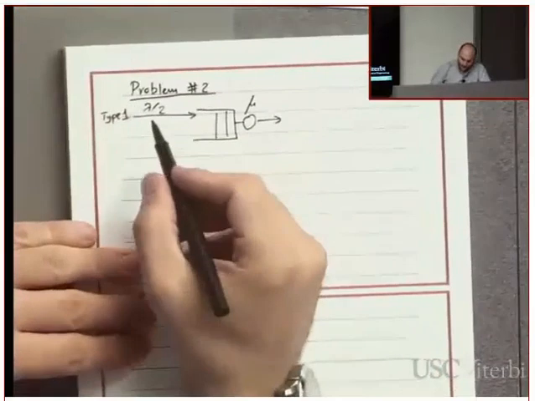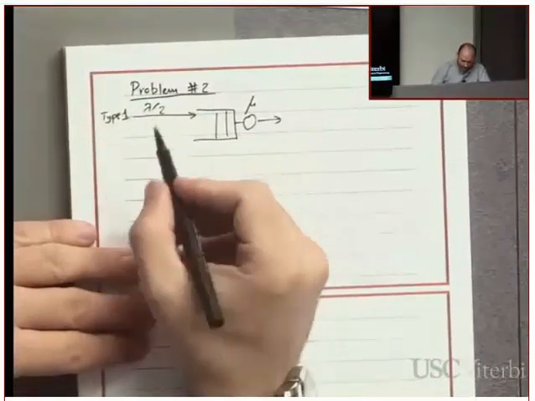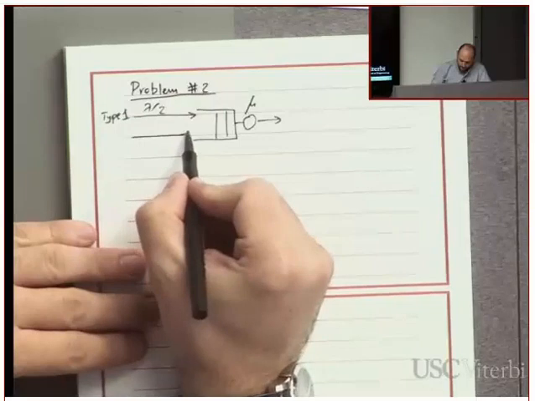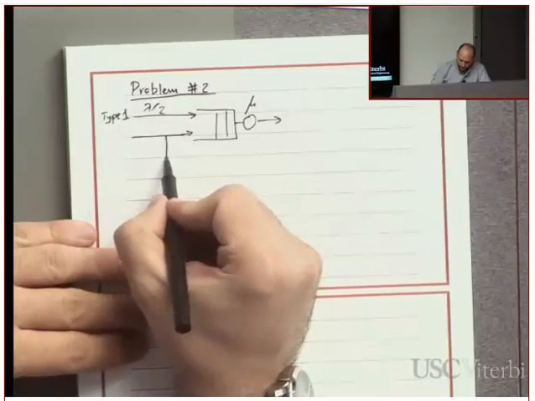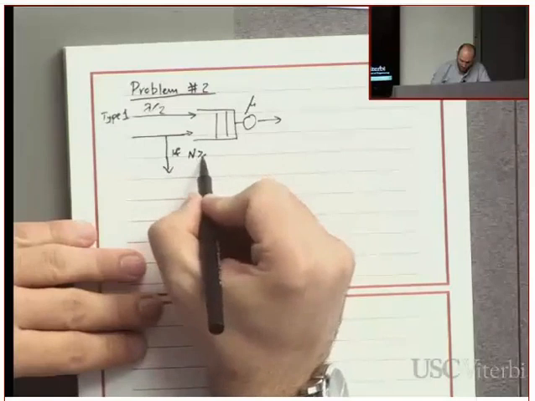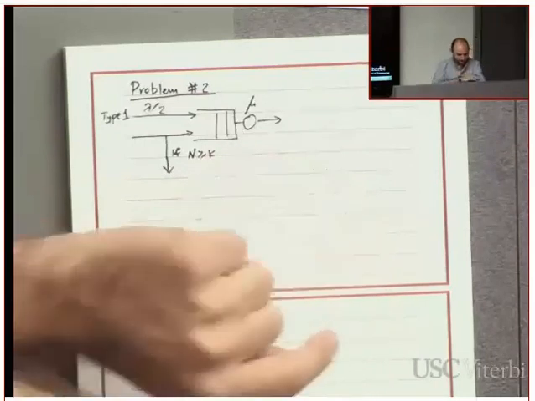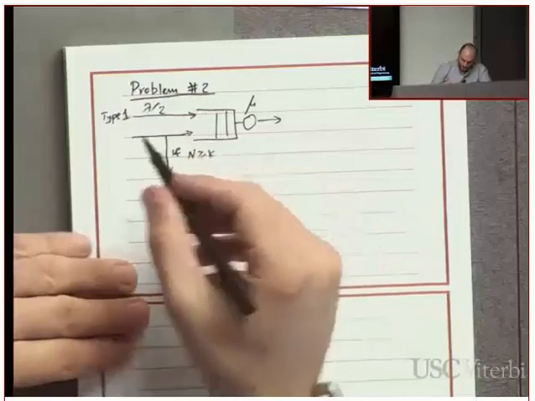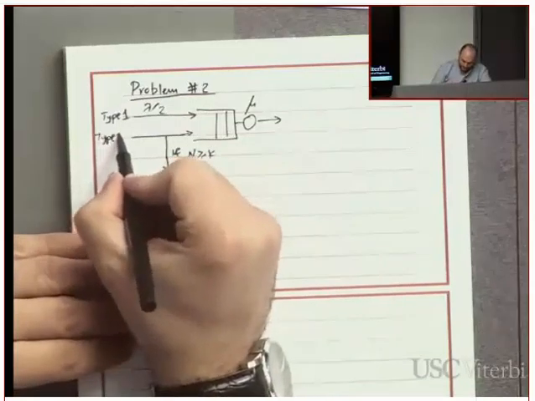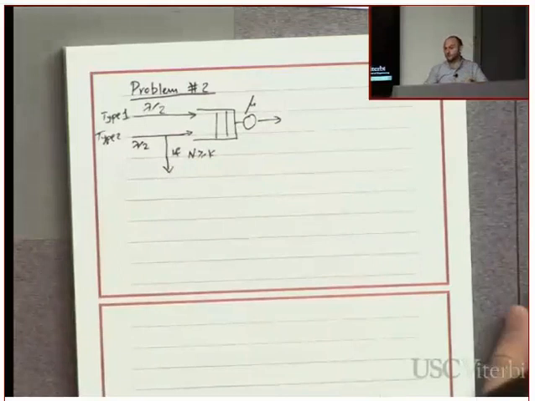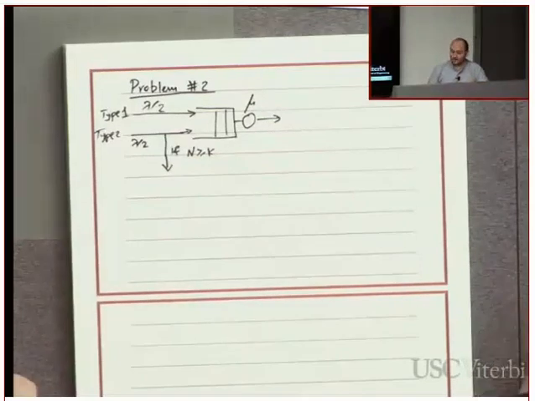And then we have another arrival, type 2, but it can go out if n is greater or equal to k. Do you agree? Okay.